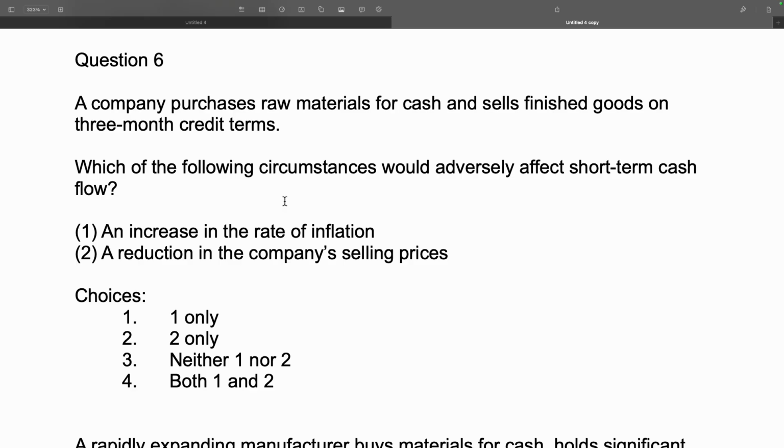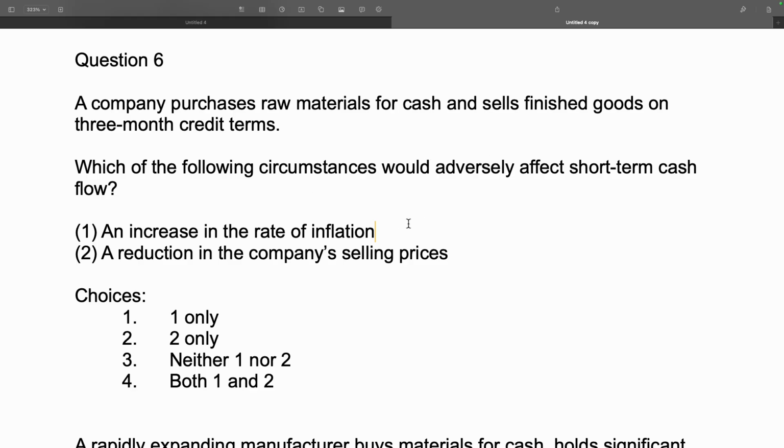So the answer here: which one will affect your cash flow adversely, negative cash flow?